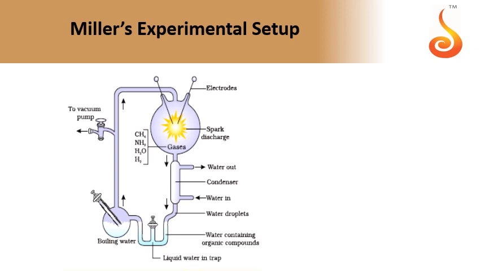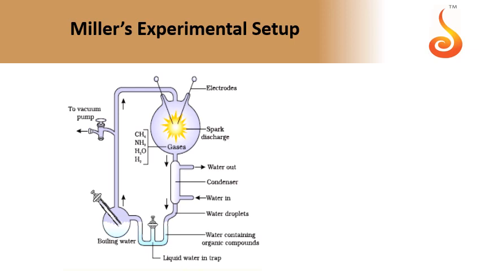It consists of a glass chamber fitted with tungsten electrodes, a water boiler connected with the glass chamber, a side tube, a cooling jacket, and a U-shaped trap for collecting the liquid.